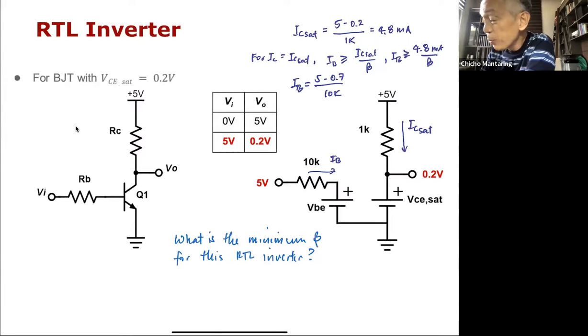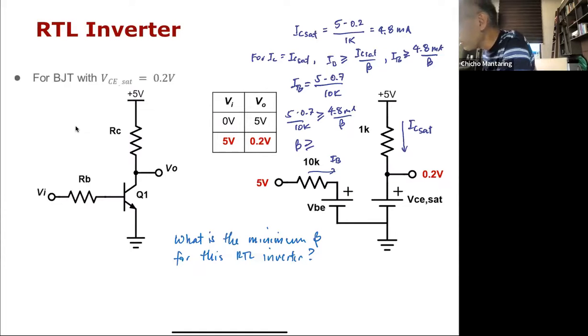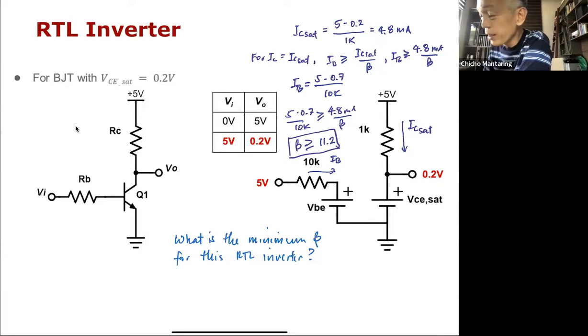So 5 minus 0.7 over 10K should be greater than or equal to 4.8 mA over beta. If I solve for beta, beta should be greater than or equal to, and I have the answer somewhere here, about 11.2. Beta should be greater than or equal to 11.2.